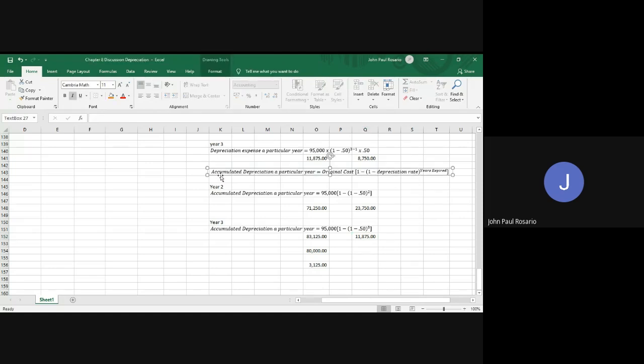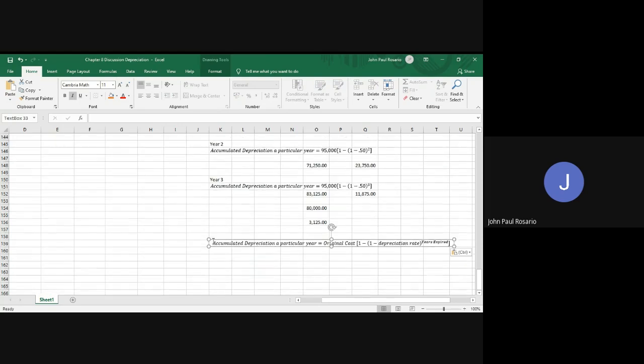Let me try to create one. Book value on a particular year. So I think it would be just like this.